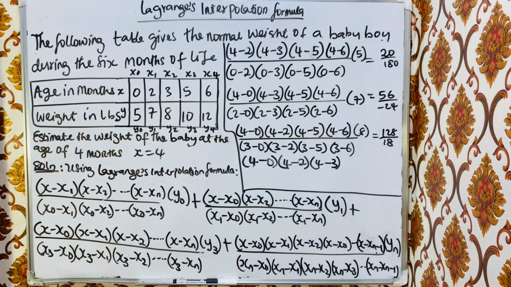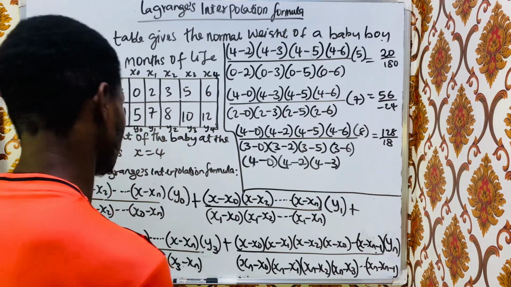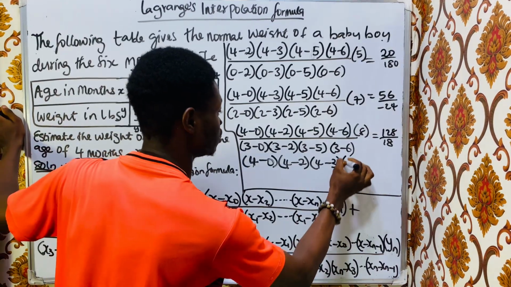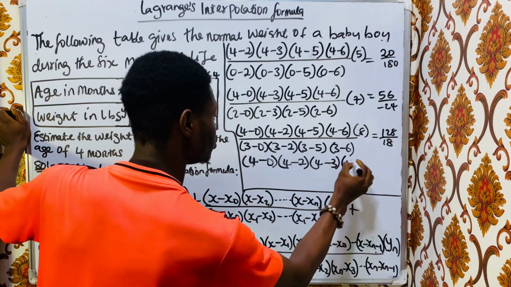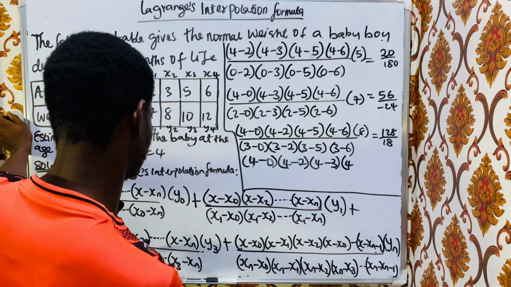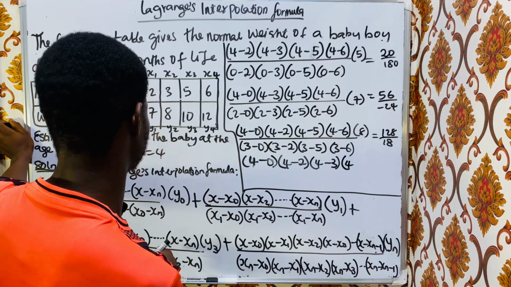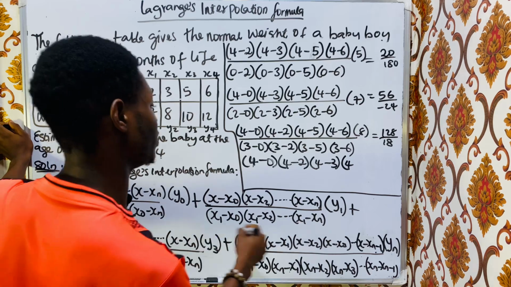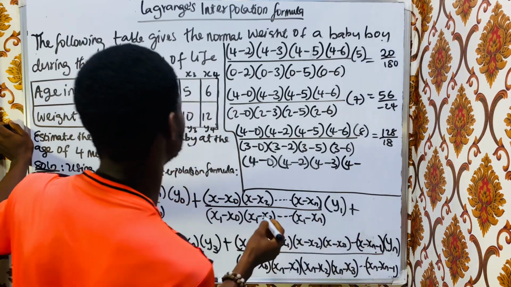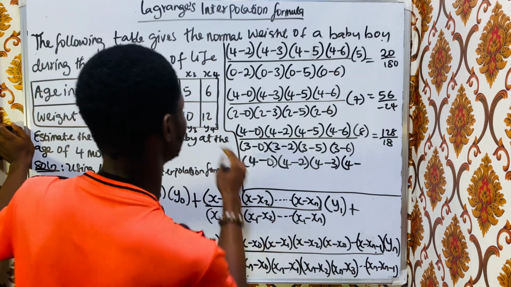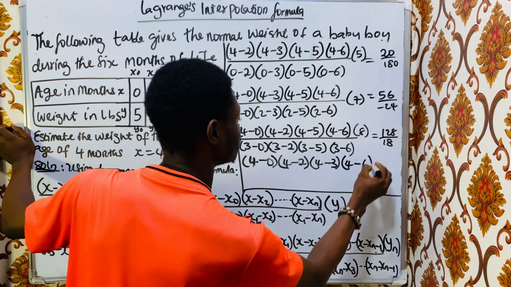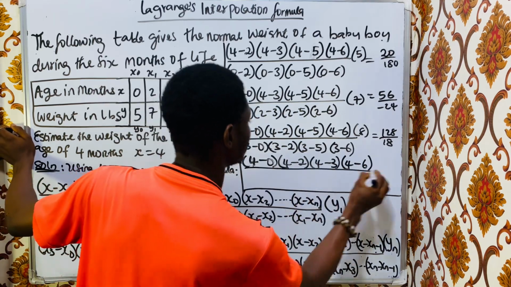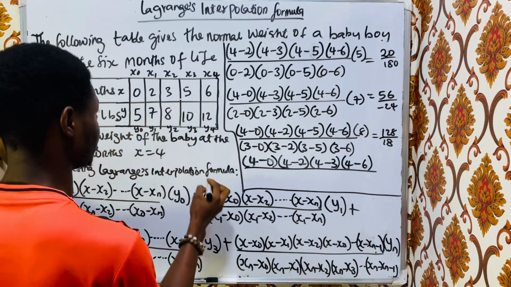I hope you can see it from there. Then my x3 is 5, and then 4 minus, we don't have x5, so it will be x4, so it's 4 minus 6, all over this x3 minus x0.